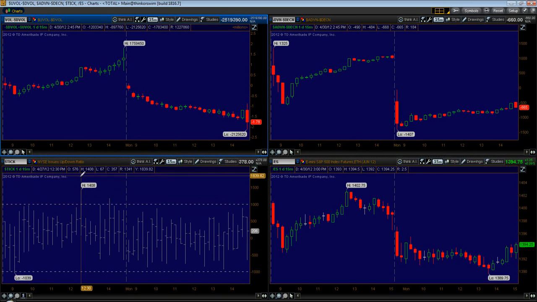For instance, on Friday we had one of those extreme high ticks at 1408, and the low tick was only minus 1,000. So one exercise would be to look at the high and the low of the NYSE tick each day and see both what the spread is and which way they're weighted. On Friday, we were weighted a little bit more to the upside than we were to the downside.